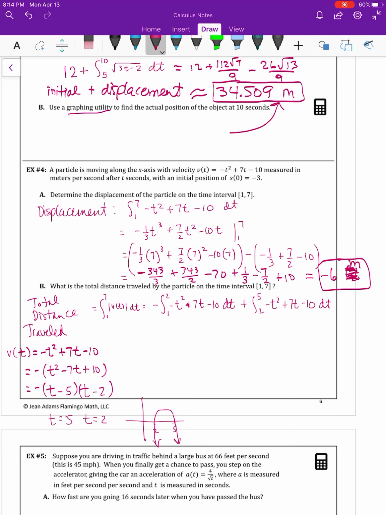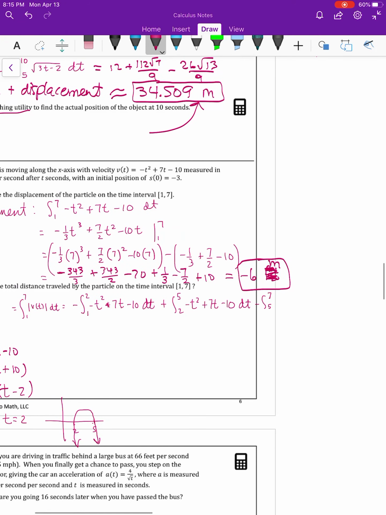And then I'm going to say plus the integral from 2 to 5, because it's positive, but then I'm going to say minus the integral from 5 to 7 because I know that the answer to that integral will be negative. So if I put a negative in front of it, it'll turn it into a positive.